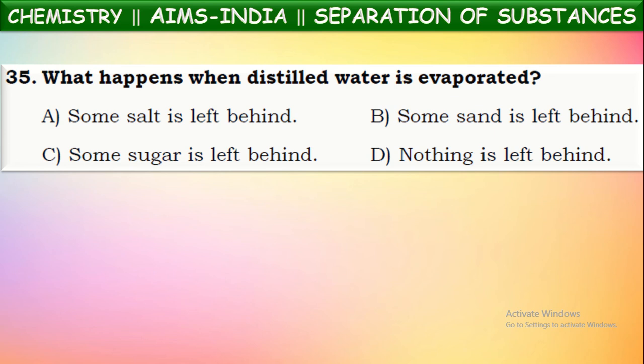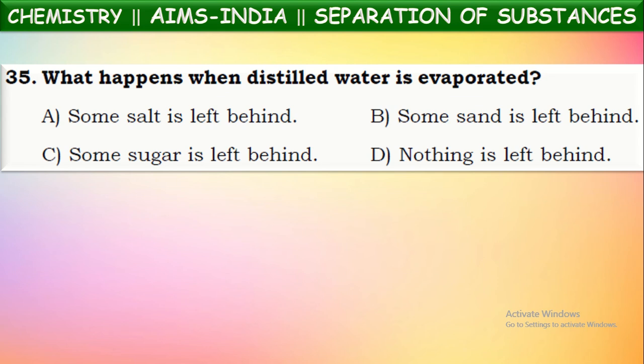Some salt will be left behind, some sand will be left behind, some sugar, or nothing is left behind. So first of all, we have to know what distilled water is, so that we can say what will remain after evaporation. We know distilled water means the purest form of water. It contains only water molecules, no other impurities present in it.